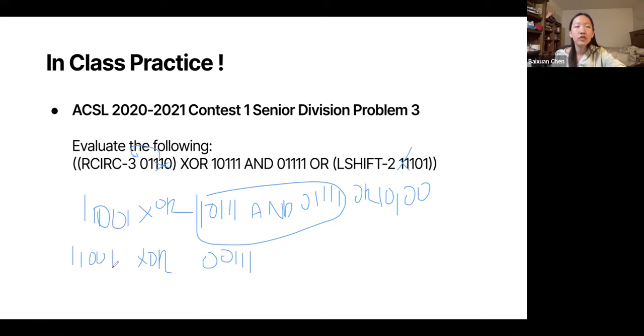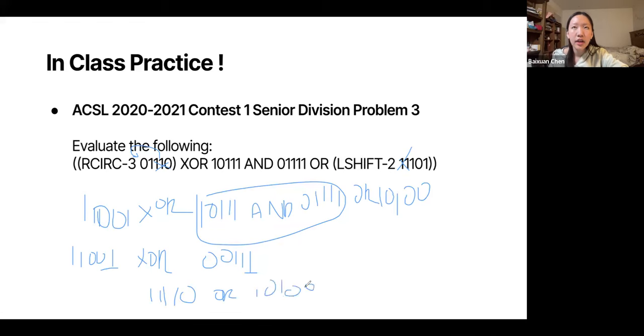And remember, exclusive or only returns a 1 if there's exclusively one 1. So for the first one, it'll be 1. The second one will be 1. The third one, it'll also be 1 because it's a 0 and a 1. Fourth one will also be 1. Only the last one will be a 0, right? Because a 1 and a 1 will return 0.